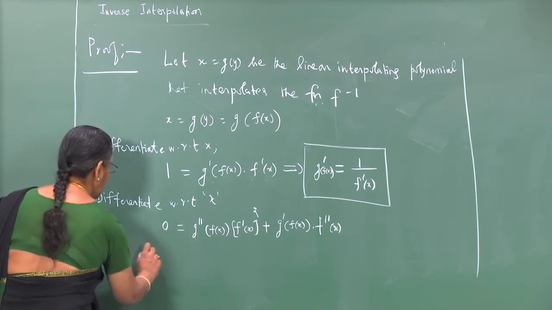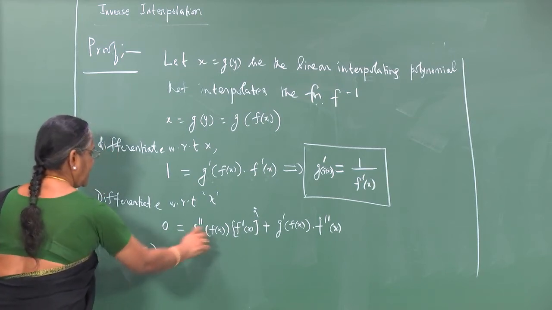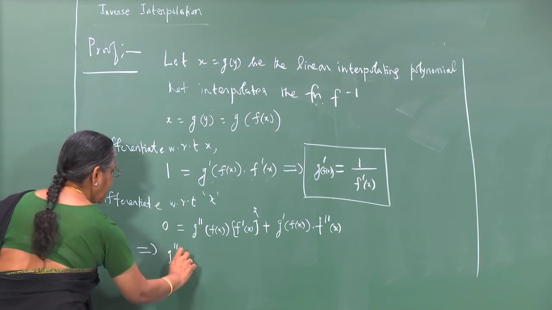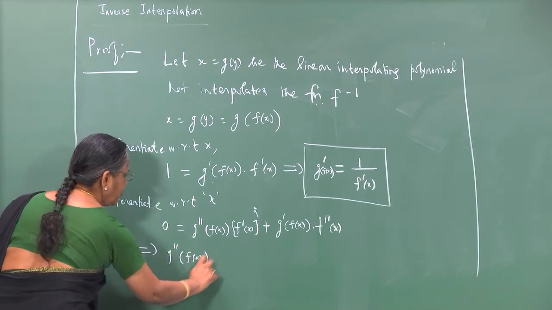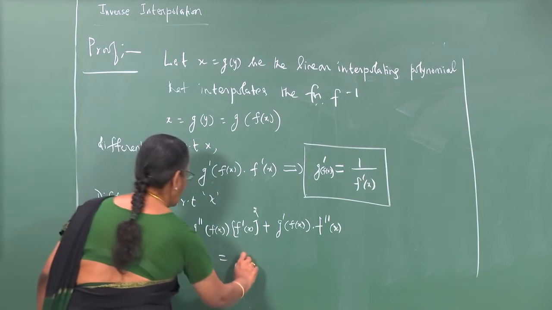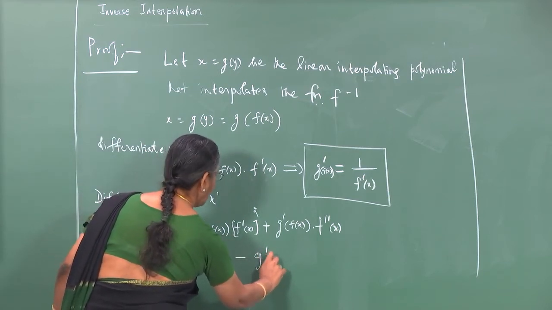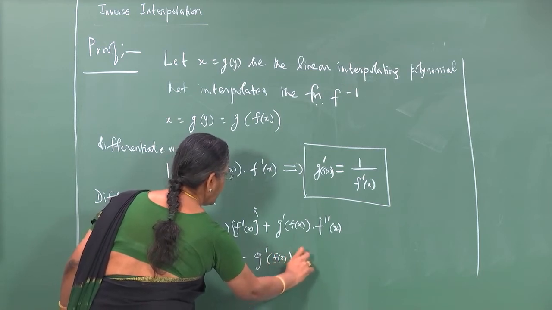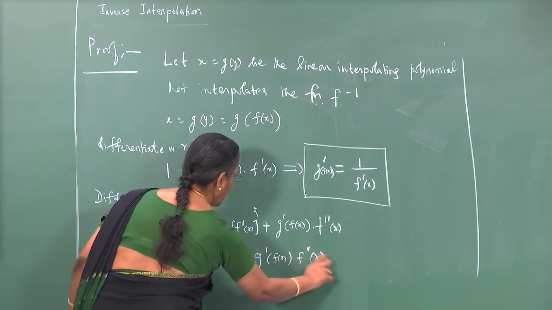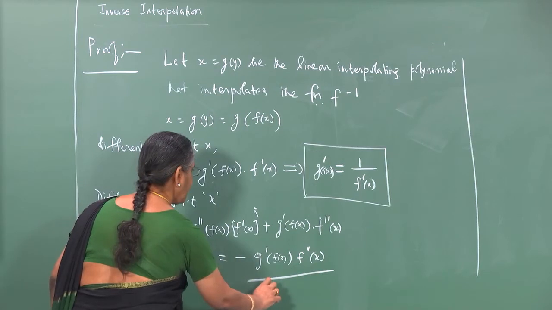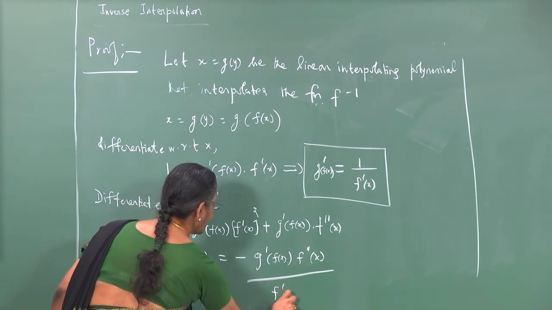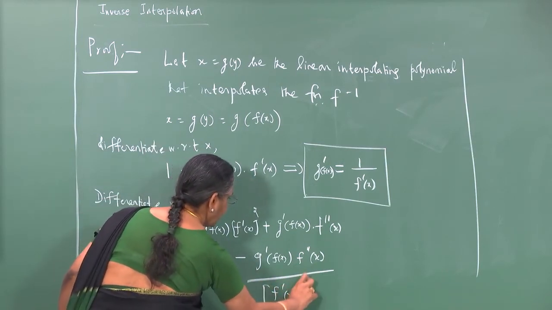So, this gives me g double prime of f of x to be equal to minus g prime of f of x into f double prime of x divided by f prime x the whole square.